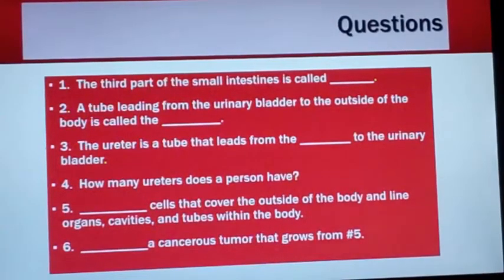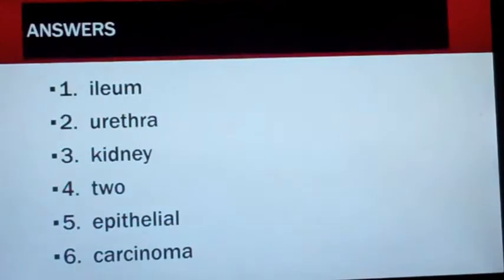A cancerous tumor that grows from number 5. Answers. Number 1 is ileum. Number 2 is urethra. Number 3 is kidney. Number 4 is two. Number 5, epithelial. Number 6, carcinoma.